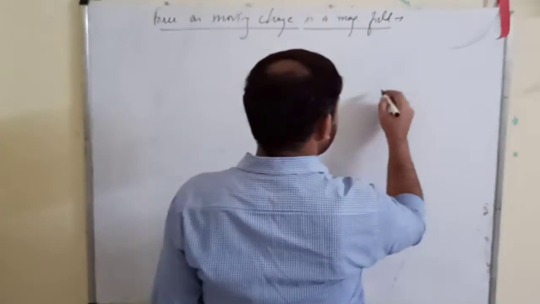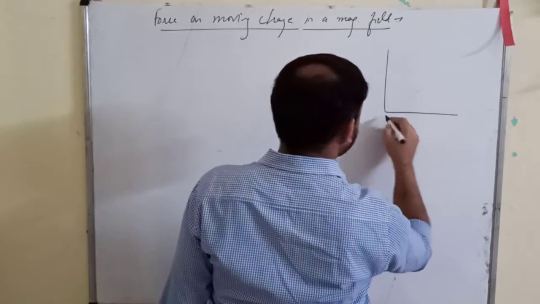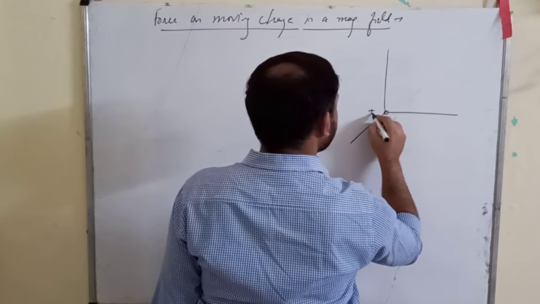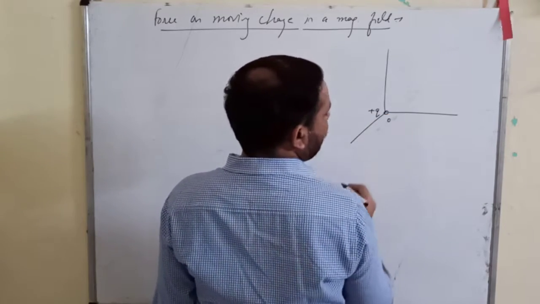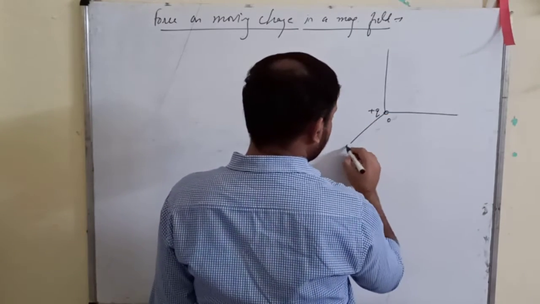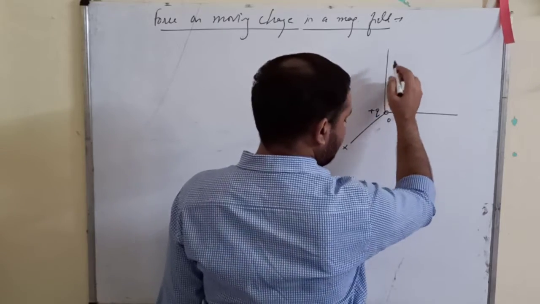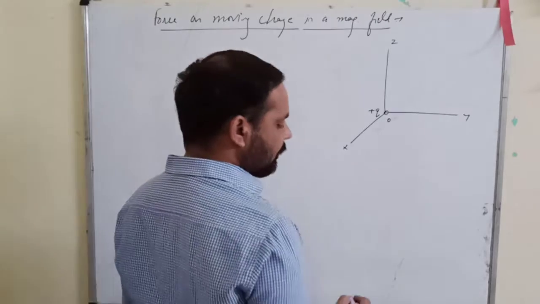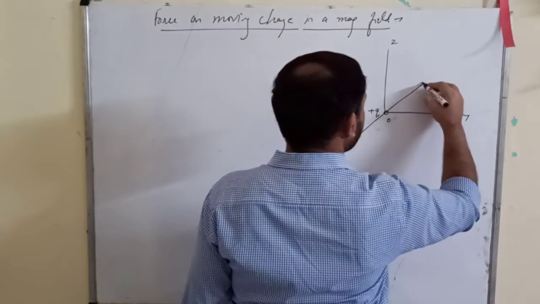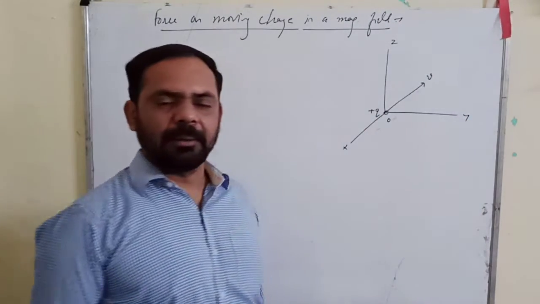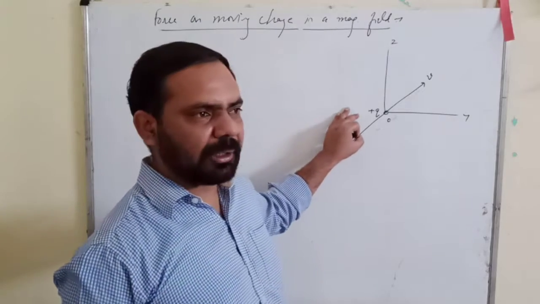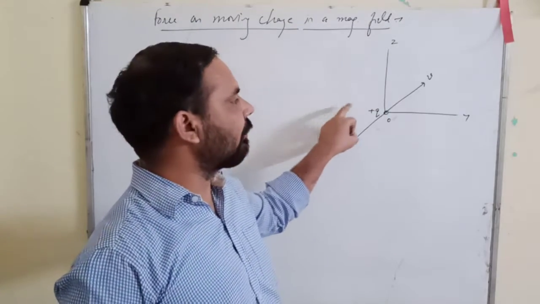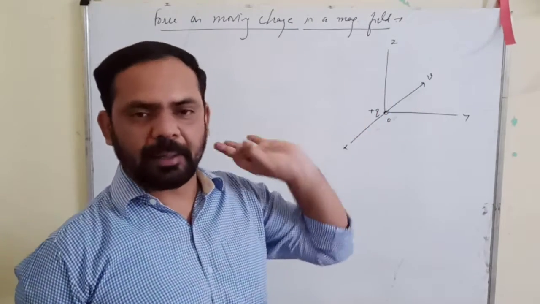Suppose we have a plus Q charge at the origin, and let us suppose that these are the X, Z, Y axes, and the charge is moving with velocity V in any direction.